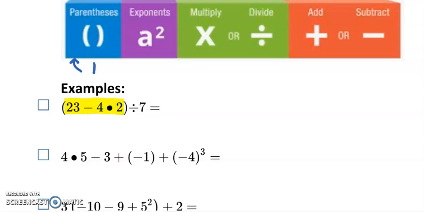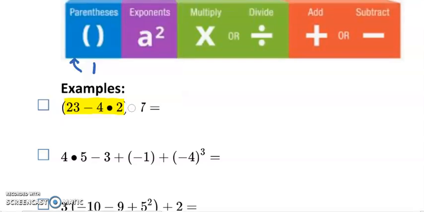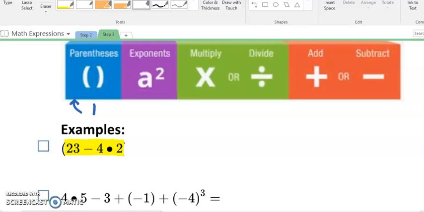We're going to ignore the divided by 7. In fact, I'm going to cover it up so it doesn't distract us right now. We want to look just at what's inside the parentheses, and from there we can apply the order of operations again.